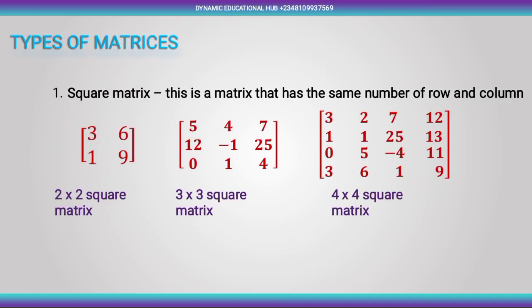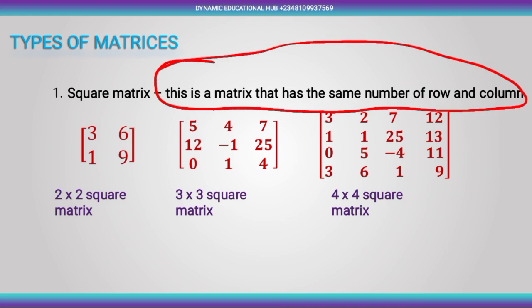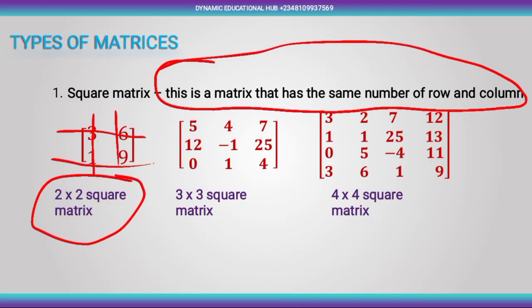Now let's look at types of matrices. We have the square matrix. This is a matrix that has the same number of rows and columns. When you have an equal number of rows and columns, we have a square matrix. Now a square matrix can be of different orders. We have a 2 by 2 square matrix, 2 rows and 2 columns.